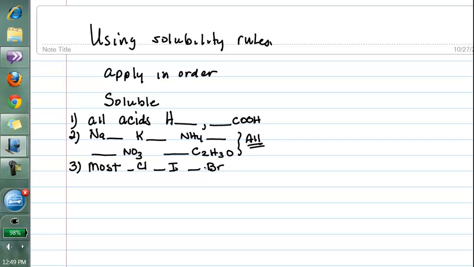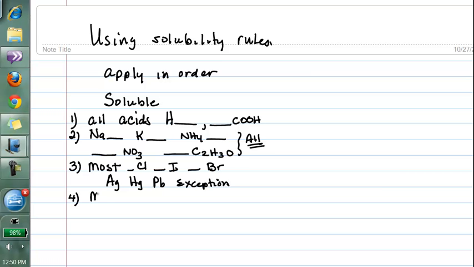Things like sodium chloride, for example. But some exceptions to this are if compounds start with silver, mercury, or lead. So, for example, silver chloride is not soluble, whereas most other chlorides are.